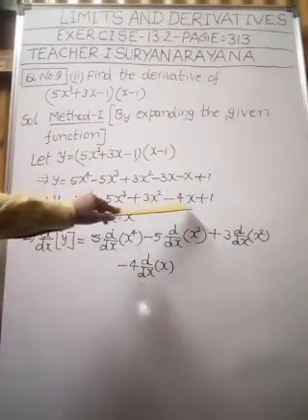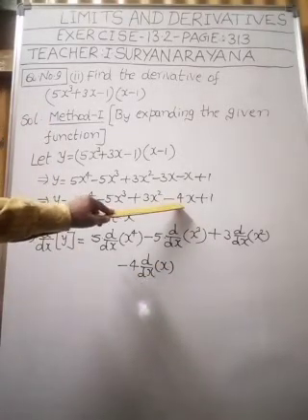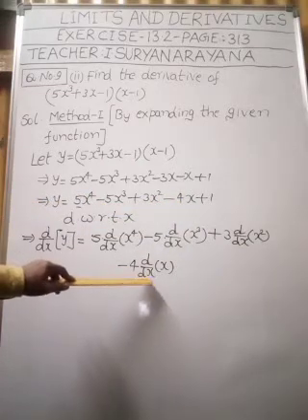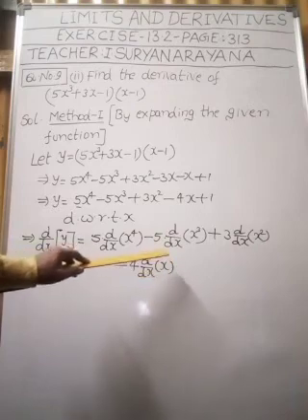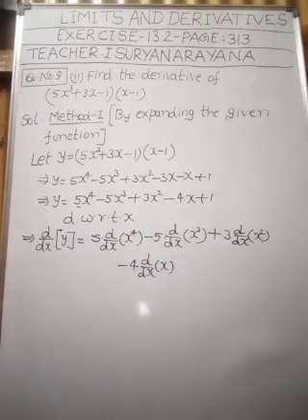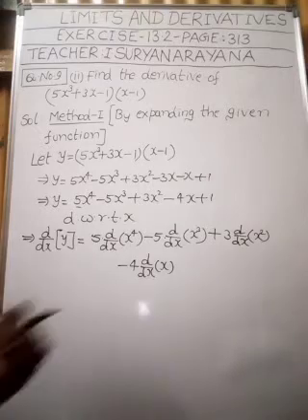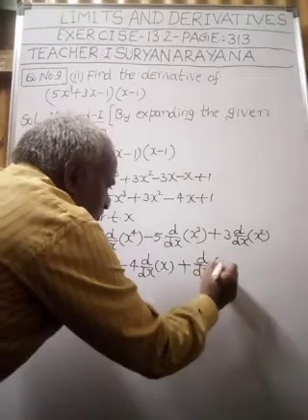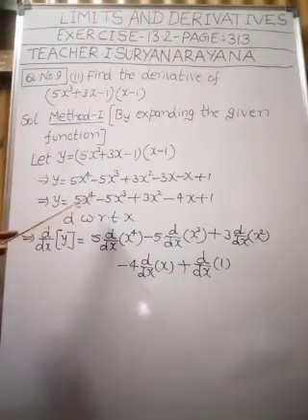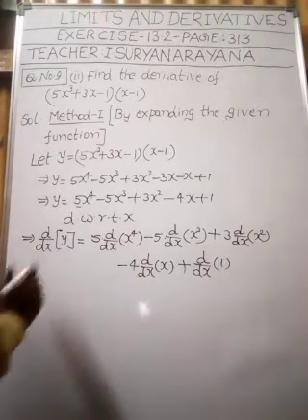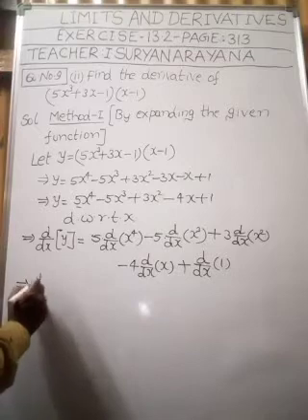In this term minus 4 is a numerical coefficient, so minus 4 is written before the differential operator and the remaining part is written in these brackets. In every term we followed the same procedure. Right, plus d by dx of 1. So we are finding the derivatives of each and every term separately. Understood this step, my children? Right. How can you write this notation? Yes, dy by dx.